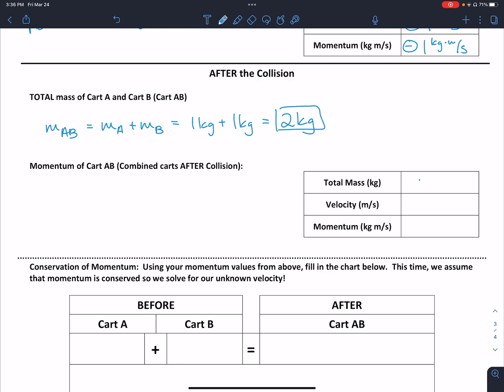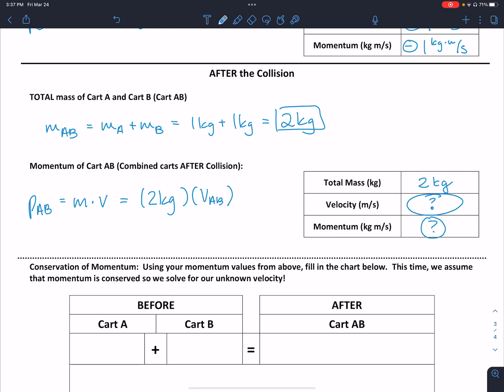Now this time we do not know the velocity, so we cannot calculate that momentum. We know that the momentum of AB should be mass times velocity, and in this case, we know the mass is 2 kilograms, but our velocity of that combined cart is unknown. So this is all that we can write in terms of our after collision momentum.